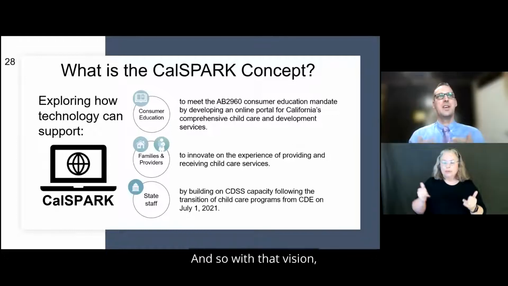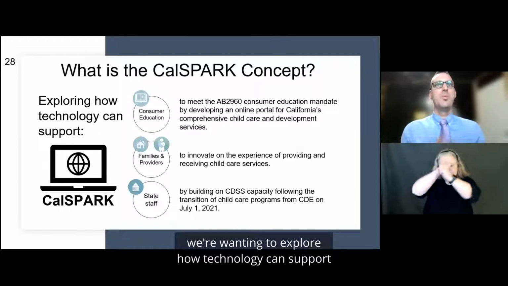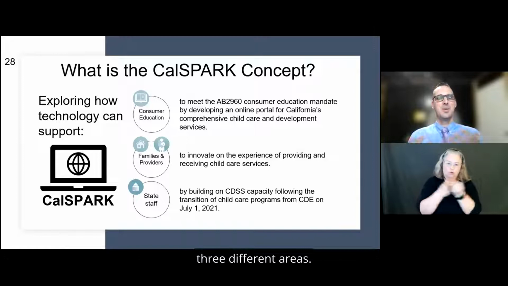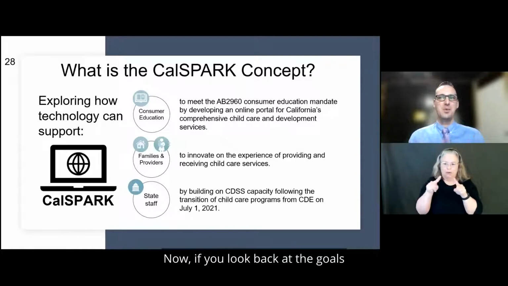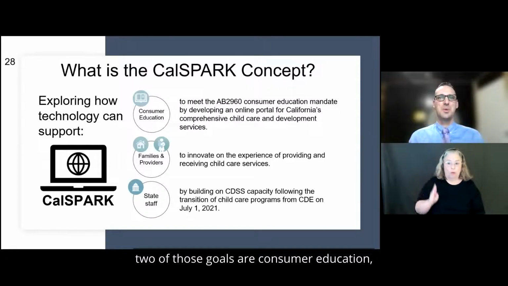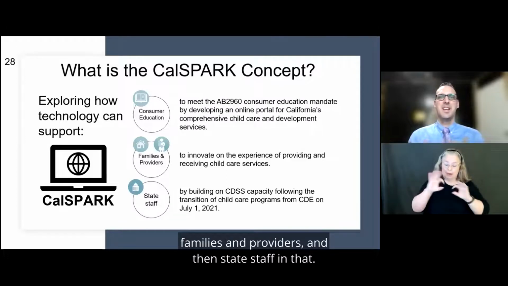And so with that vision, we're wanting to explore how technology can support 3 different areas. Now, if you look back at the goals for Brilliant Beginnings, 2 of those goals are consumer education, families and providers, and then state staff.